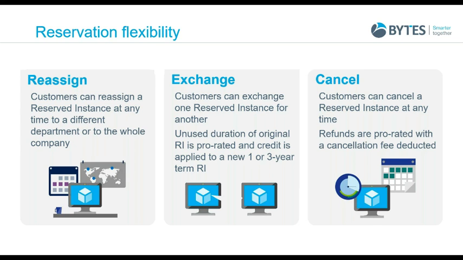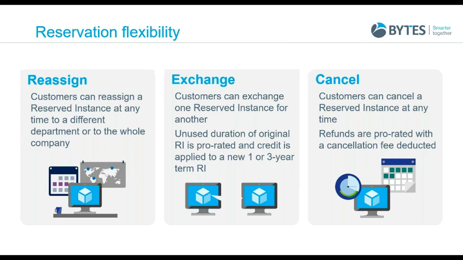If that line of business application is turned off or decommissioned or whatever, it will automatically now apply to one of the remaining VMs of the same size. So you'll always get the best utilization possible out of that reservation, and that will automatically apply within your costings.